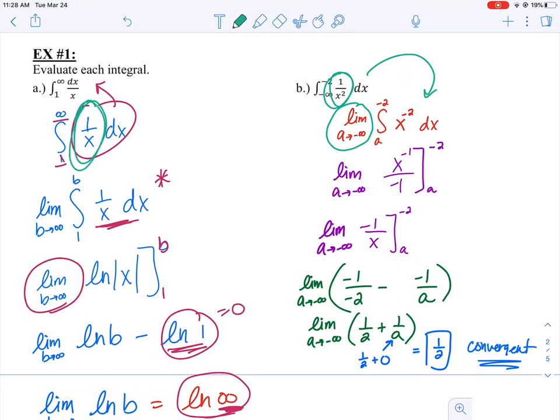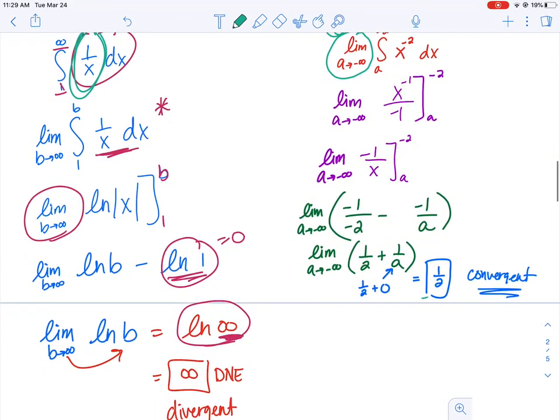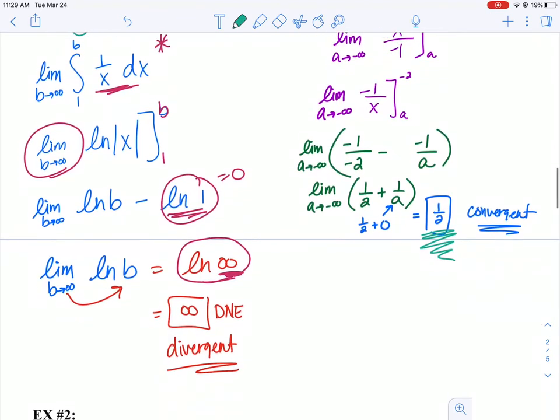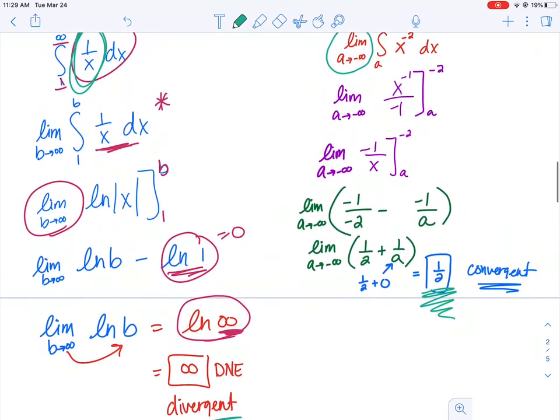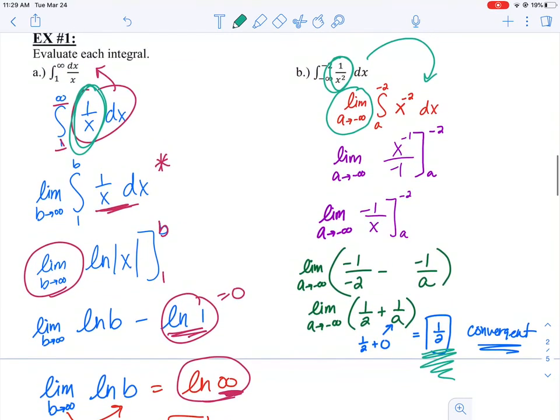It's kind of interesting to think about when you graph this function and compare it versus graphing the 1 over x function from example number 1a, and see how one of them converges to only a 1/2 where the other one diverges and keeps growing and growing and growing. Sometimes you get an actual area value, convergent. Sometimes the area just keeps growing and growing enough that you can't add it all together and get an actual real number for its value.